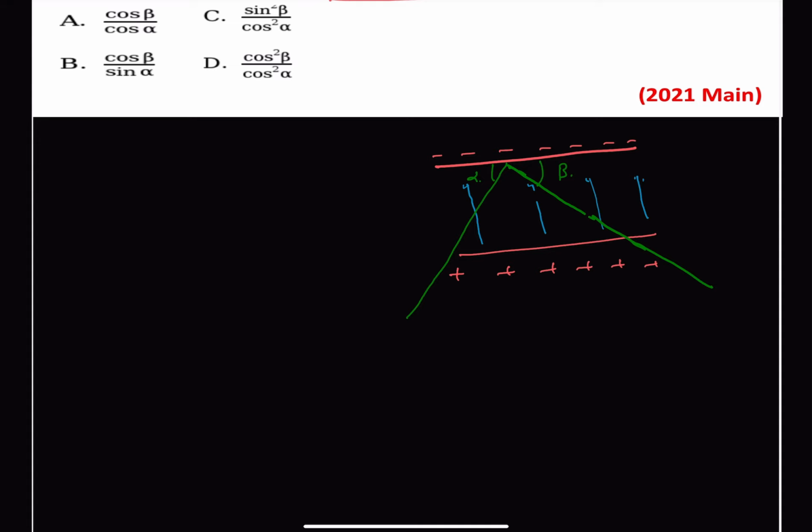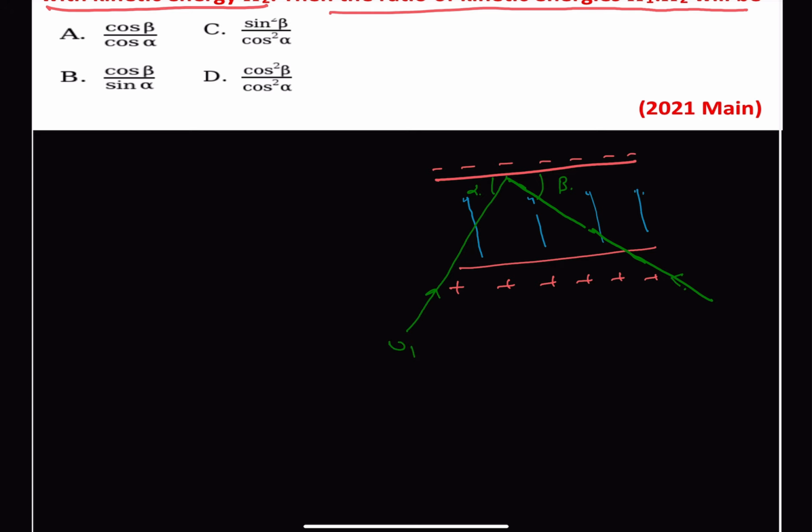This is our incoming and this is our outgoing, and for convenience let us suppose the incoming velocity is V1 and the outgoing velocity is V2.